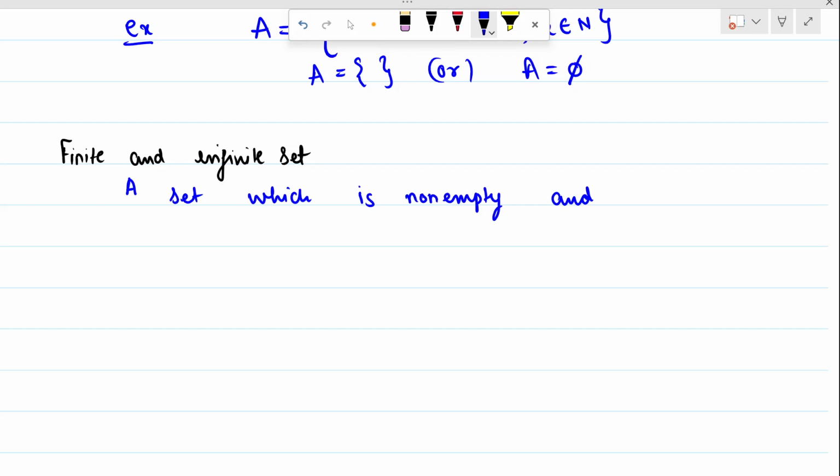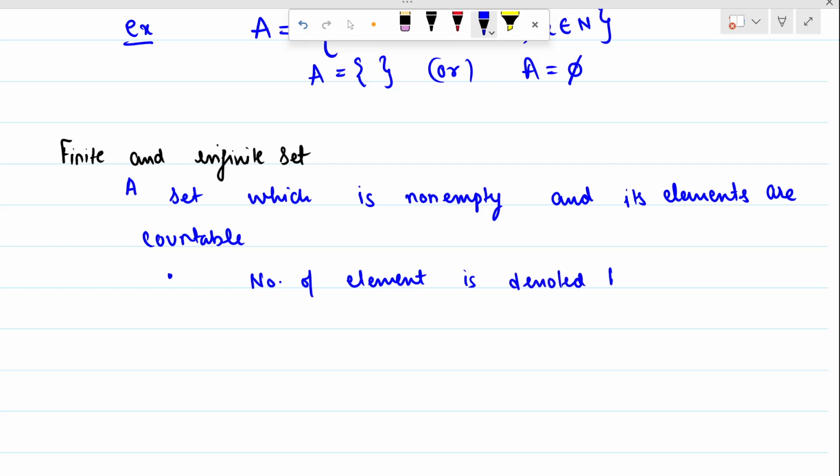If a set is finite, then the number of elements is denoted by n(S), where S is the set name and n(S) is the number of elements in set S.